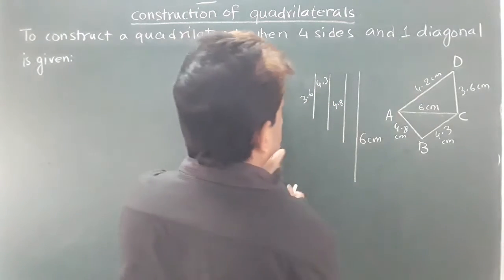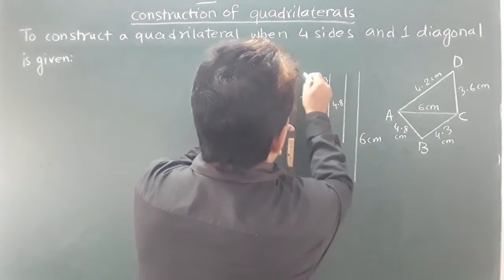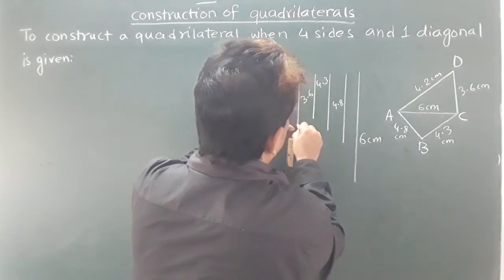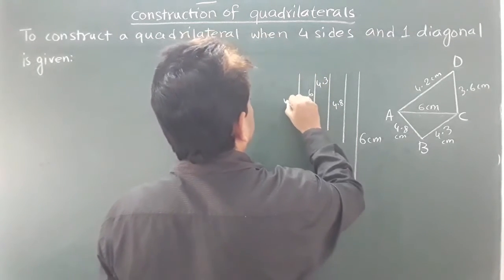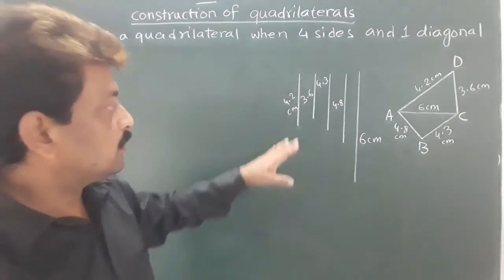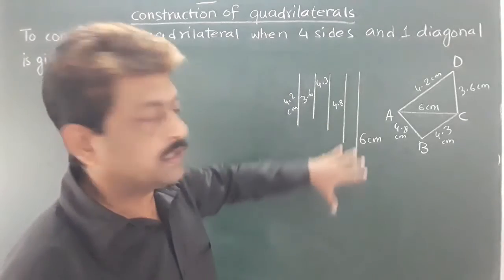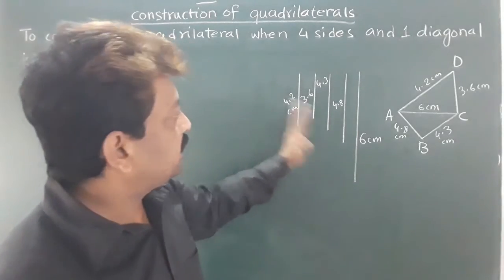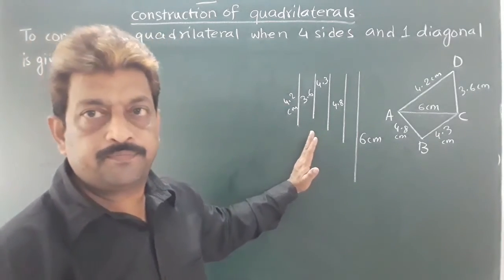And finally AD is 4.2. So draw the length of all the sides here at the right side of your copy.